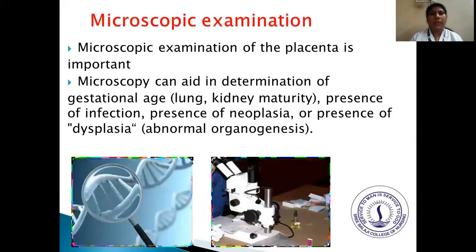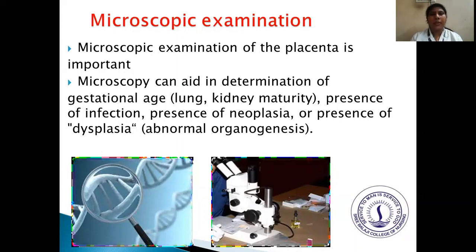The microscopic examination. Microscopic examination of the placenta is important. Microscopy can aid in determination of gestational age, lung and kidney maturity, presence of infection, presence of neoplasia or dysplasia, and abnormal organogenesis.